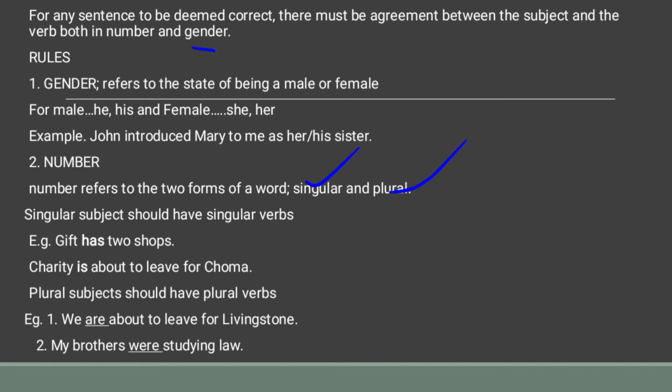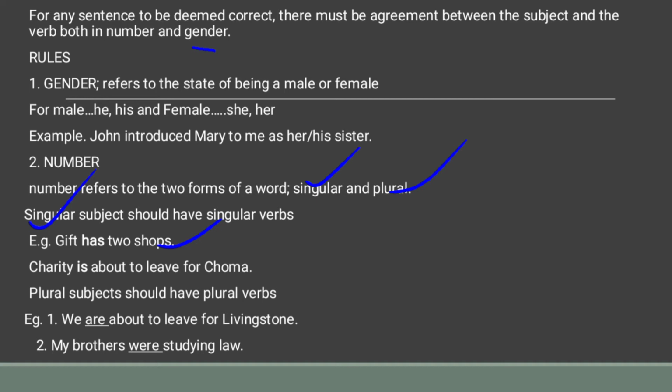A singular subject should have singular verbs. For example, gift. Look at this example here. Now, how many gifts do we have here? It's just one. So, gift, that is a singular subject, which should have a singular verb.